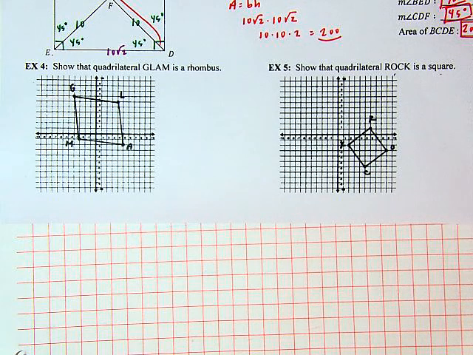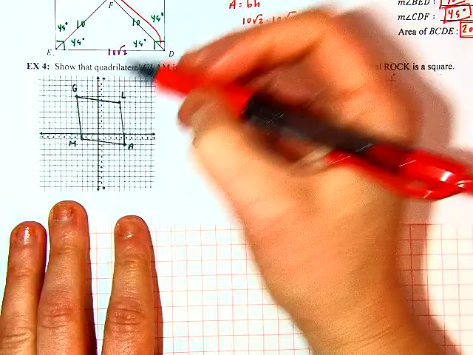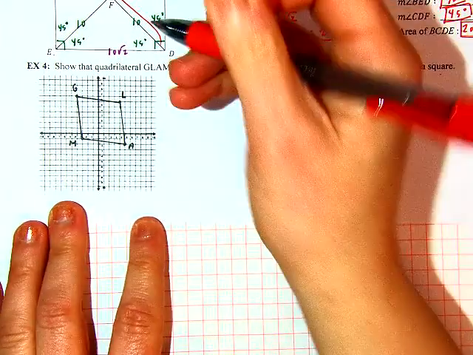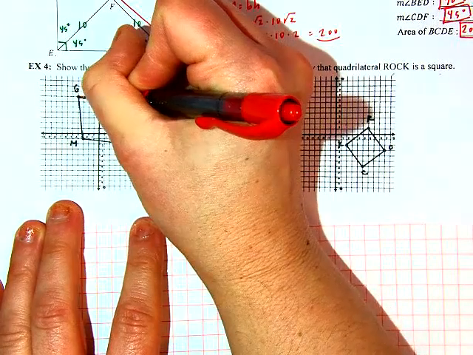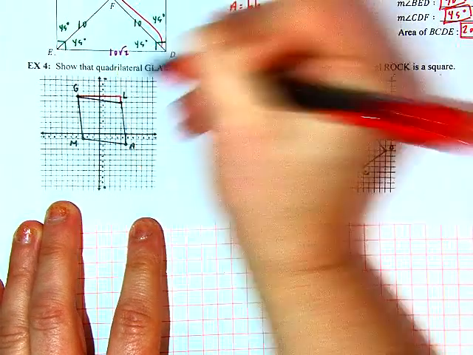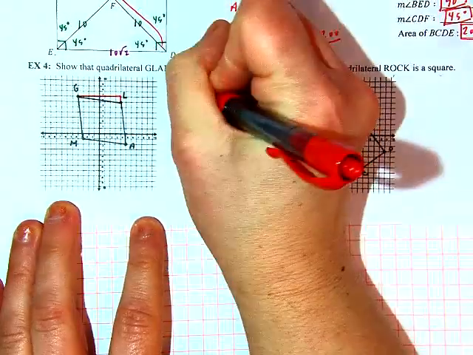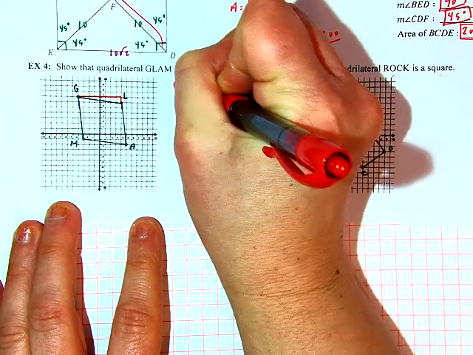Opposite sides because it's a parallelogram, and then since it's further classified as a rhombus, we need all the sides to be the same. So when I look at each side and I picture the right triangles, let's say that I look at GL first.